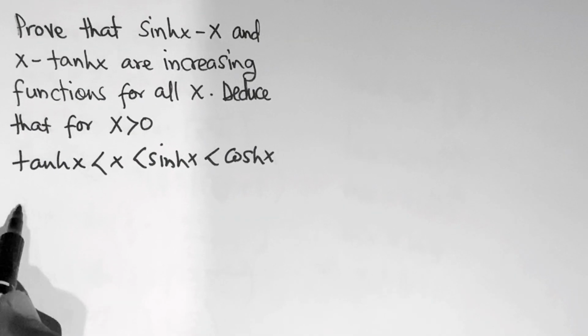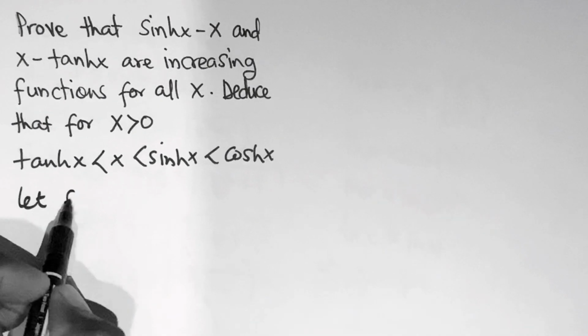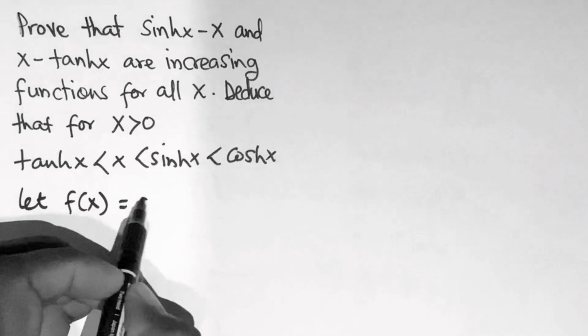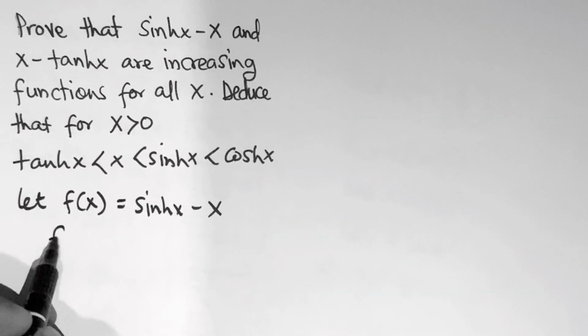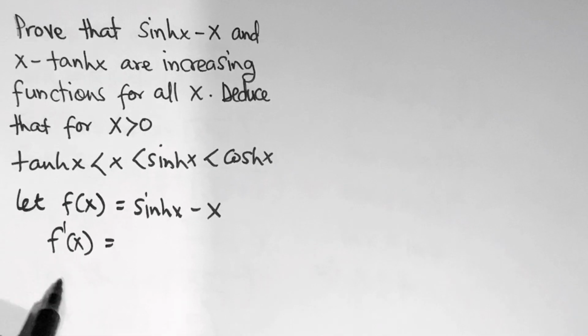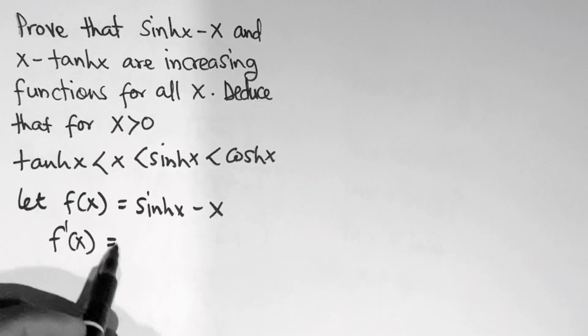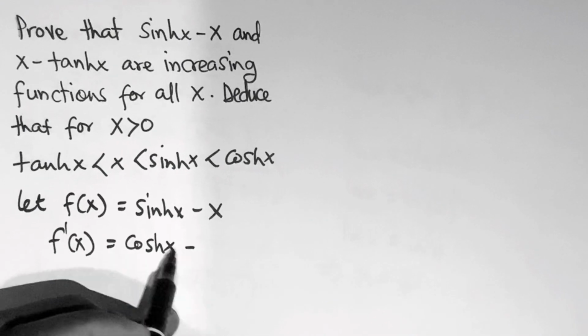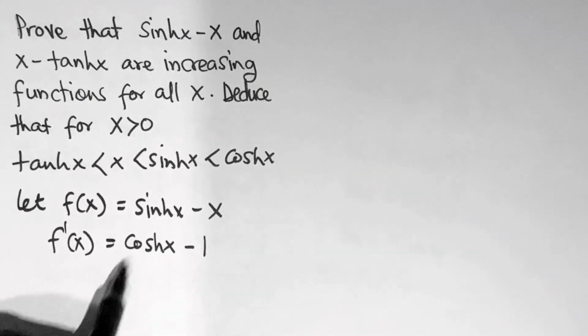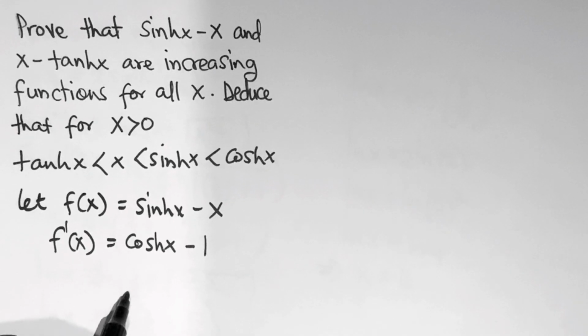So now, let f of x be equal to hyperbolic sine x minus x. Let's find f prime of x. f prime of x is, if you differentiate hyperbolic sine x, you will get hyperbolic cos x, minus, if you differentiate x, you will get 1.